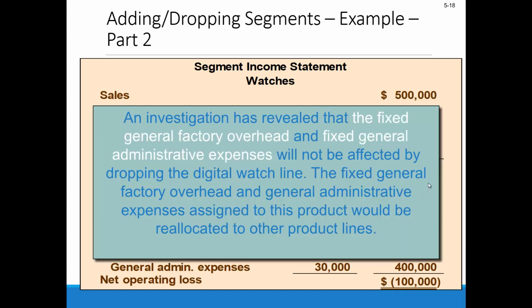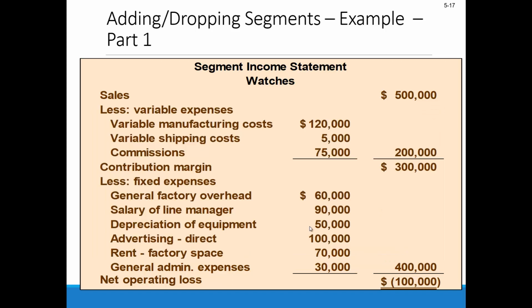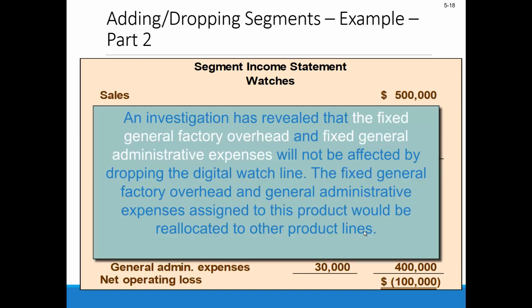An investigation, though, has revealed that the fixed general factory overhead and the fixed general admin expenses would not be affected by dropping the digital watch line. In other words, those fixed expenses would just have to be reallocated to other product lines or dumped on other segments. That was the general factory overhead of $60,000 and the general admin expenses of $30,000.